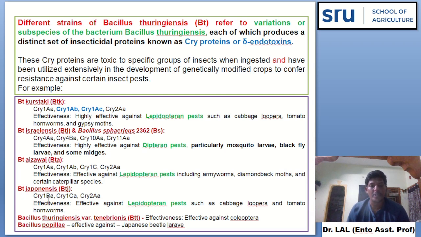Bt japonensis is effective against Coleopteran pests. Bt variety tenebrionis is effective against Coleopteran pests. Bacillus popilliae is effective against Japanese beetle larvae.